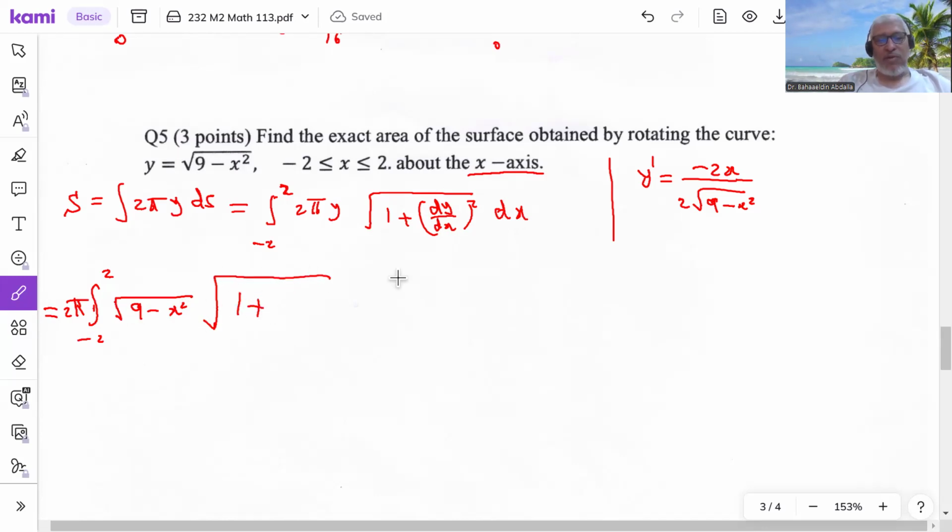of 1 plus the derivative of y squared. I'll cancel 2 with 2. And when I square negative x, it would be x squared.